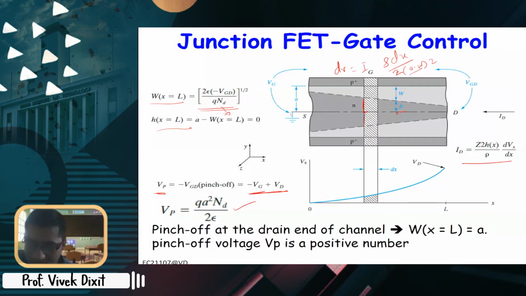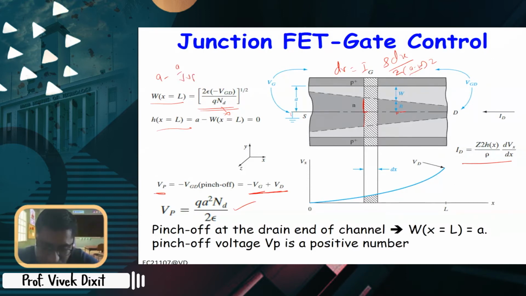Now this A minus W you can write. W is basically this thing. So if you substitute A here, and A you can write in terms of Vp, right? So if you substitute here A minus W, now W can be written as root 2 epsilon by Q and D. 2 epsilon by Q and D will be A by root Vp, right?